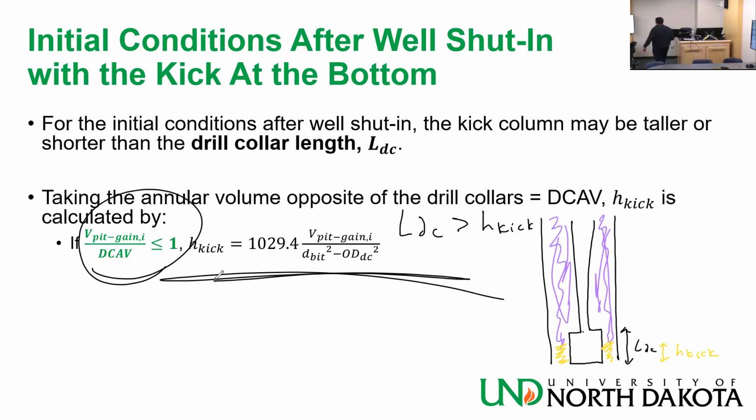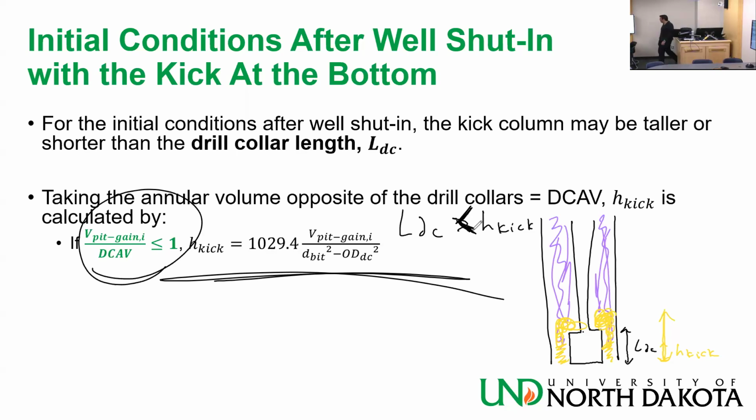But what if my kick is taller than the drill collar? What if my kick is like this? Now my kick is this tall. This is reversed. And now I have two annuli for my kick.